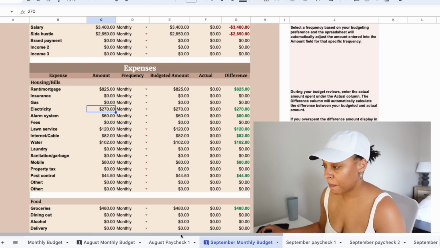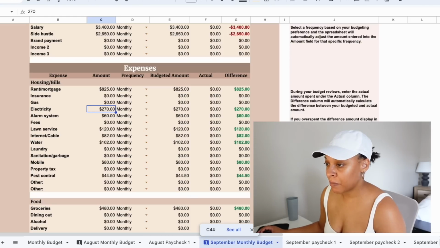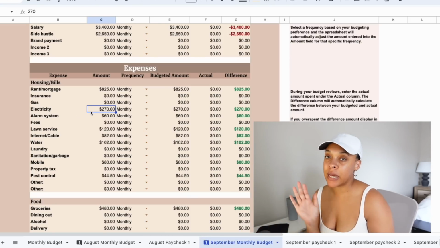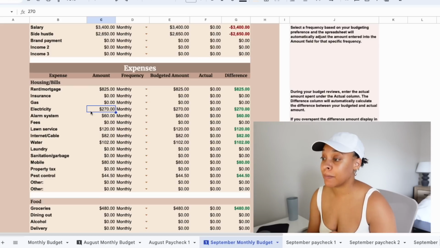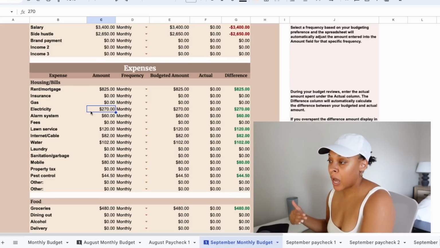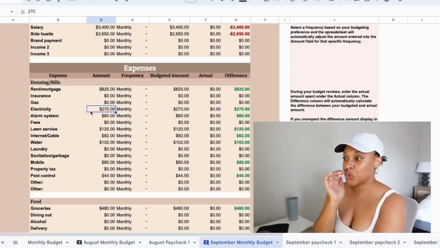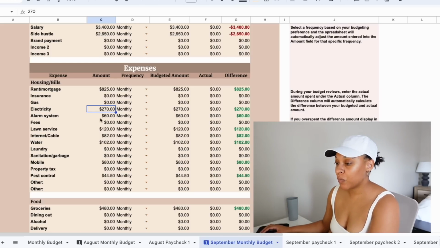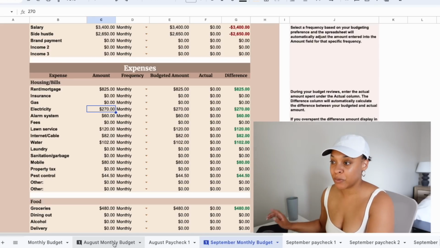So for September, I'm budgeting a total of $270 for my electric bill, because that has been what my electric bill has been creeping up to. So I know when they take out the payment, it's going to be $270. That is more than what I typically budget for and what is rolled into my bills account.